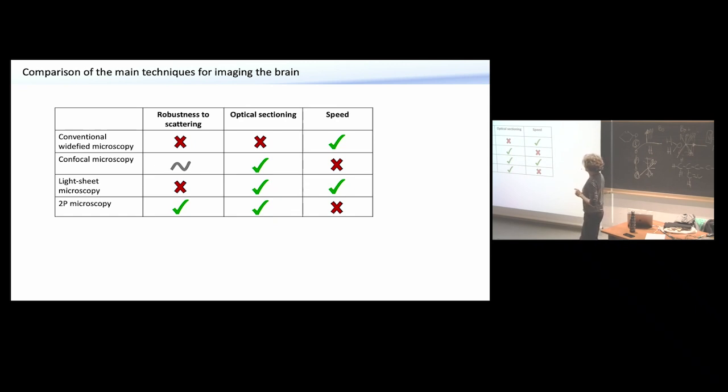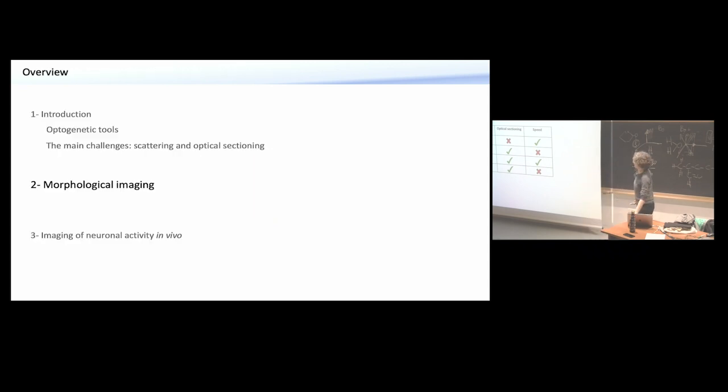Light sheet microscopy, which, as we said, provides optical sectioning and is fast, and two-photon microscopy, which is robust to scattering and has optical sectioning. This technique is slow because you need to scan the point in the sample, so it takes a lot of time.